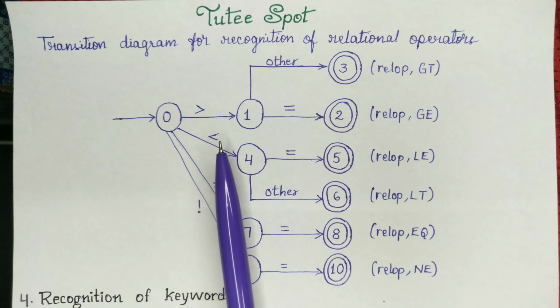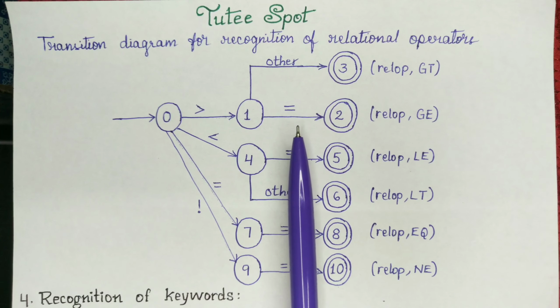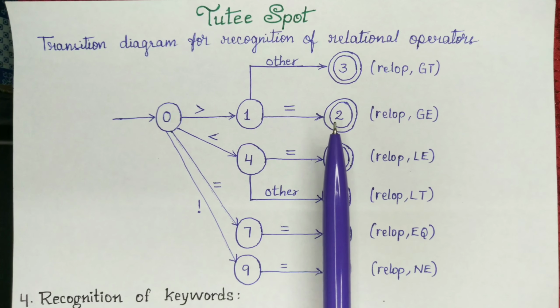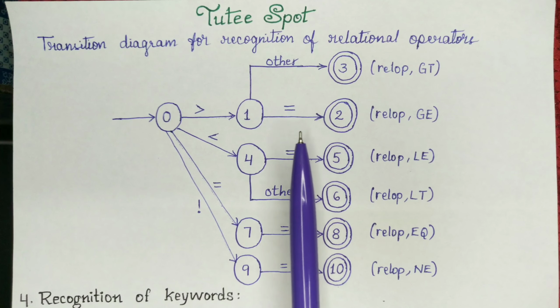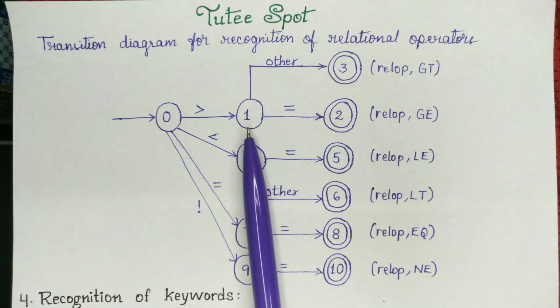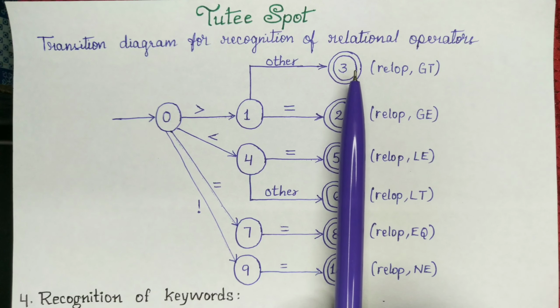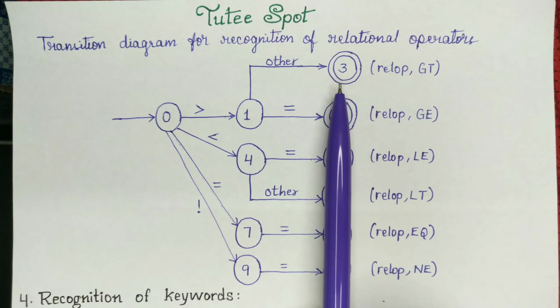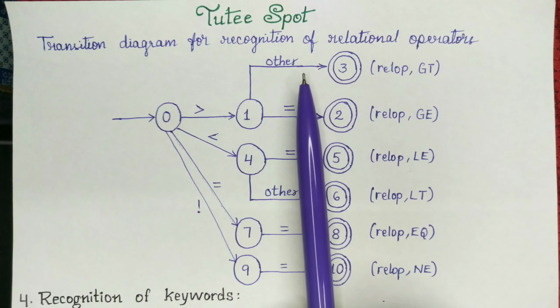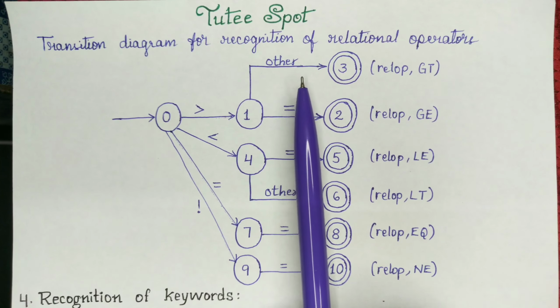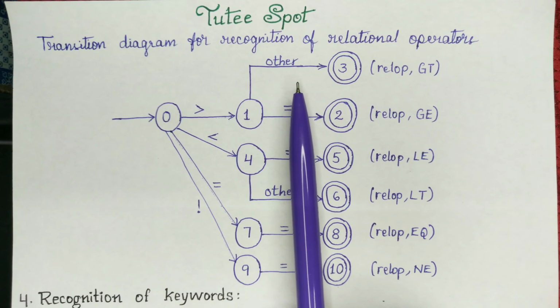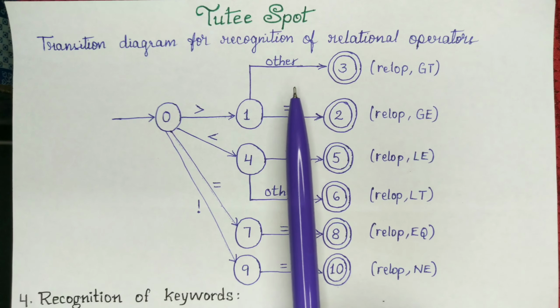We also have the operator greater than without applying equal to, so there is no need of state 2 to apply only greater than. Then we apply other symbol on state 1. Then it will produce state 3, which is the final state. In the place of other we can write any digit or letter like A, B, 1, 2, like greater than A, greater than 1, likewise.